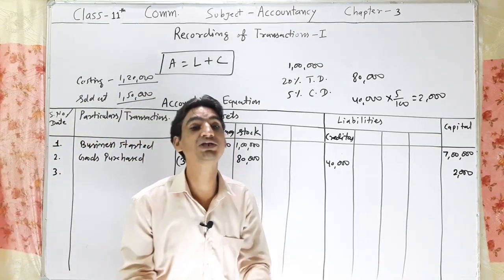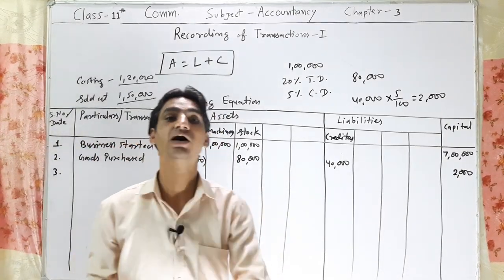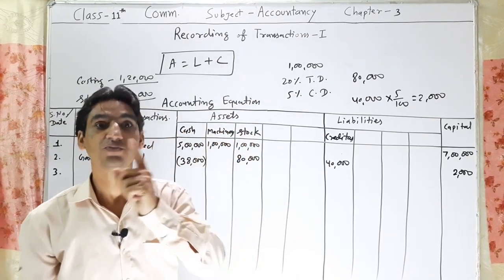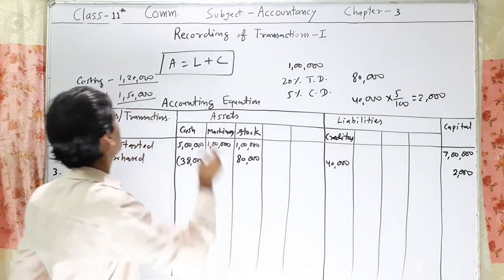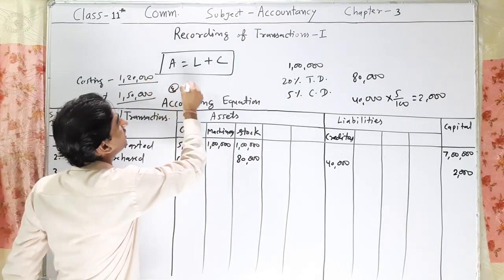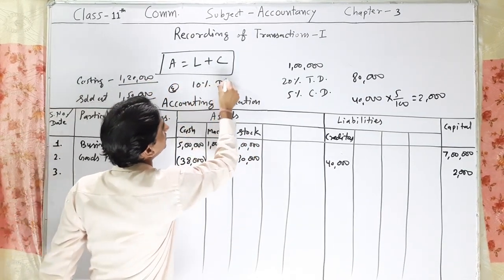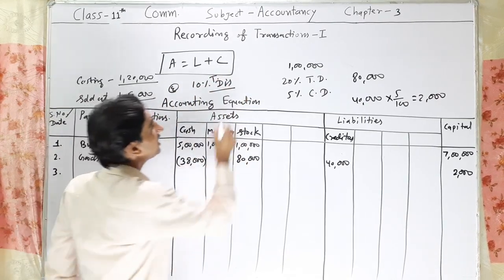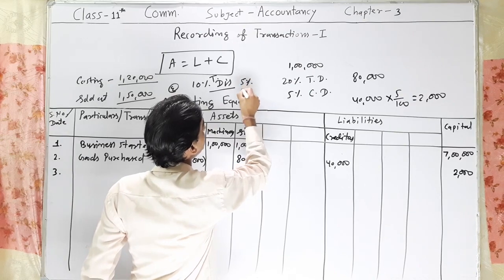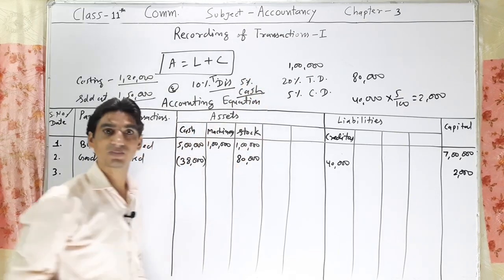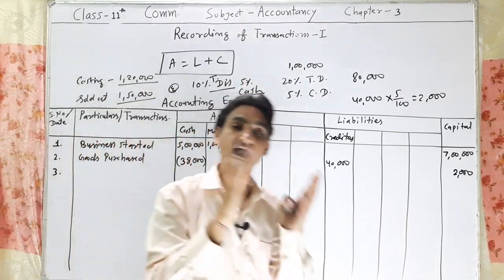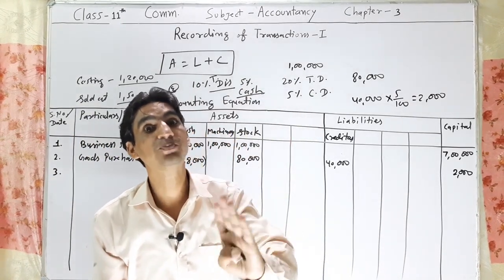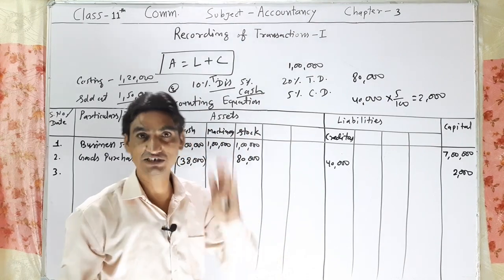Goods costing rupees 1,20,000 sold at rupees 1,50,000 at 10% trade discount and 5% cash discount.